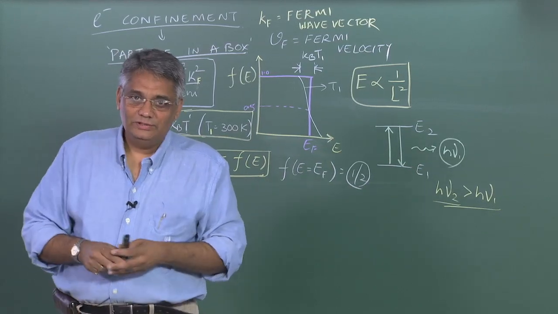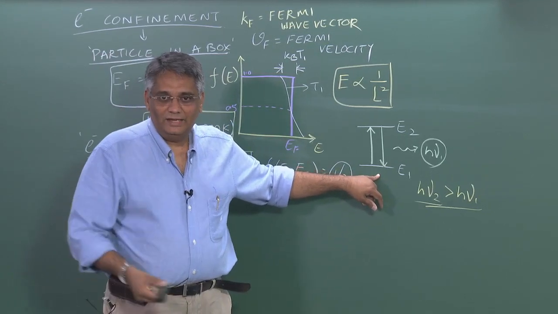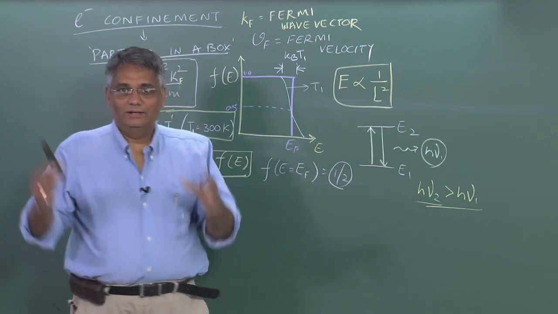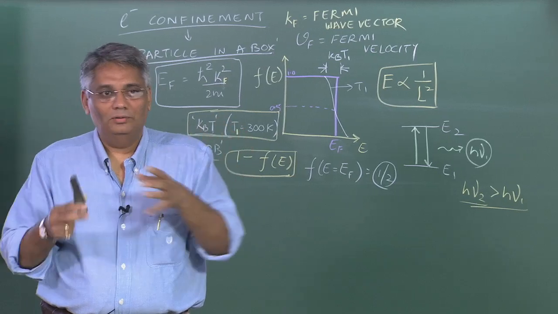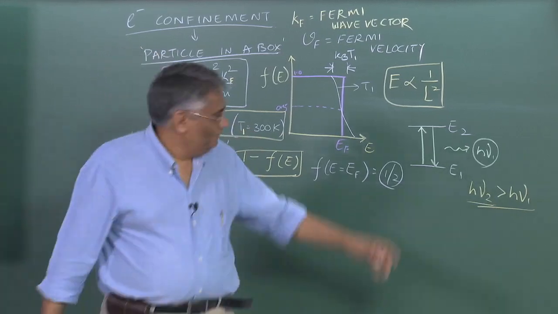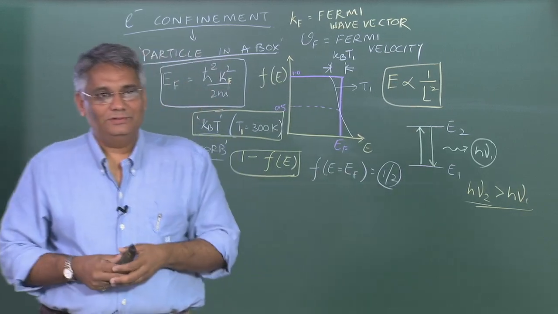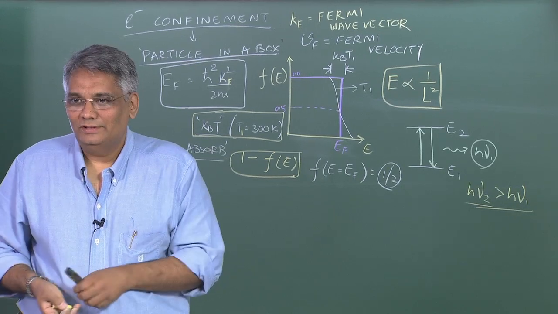So the well-known blue shift happens because of carrier confinement, when energy goes as 1 by L square. When the dimension of the particle reduces, or when the box length reduces, you actually start manipulating the energy level separation distance. So it's as simple as that.